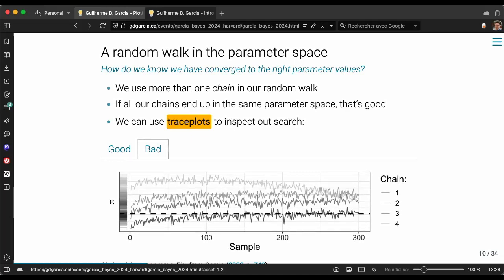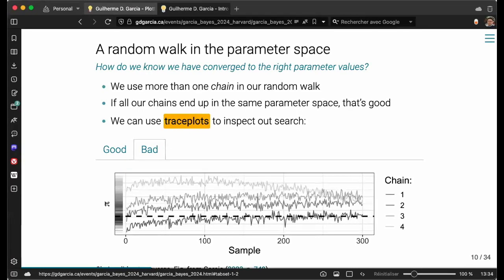But maybe if we just left the model to sample for a longer time, we would be able to arrive at a cluster where you have convergence, right? That's kind of an advantage of these models, because if you let them just do their thing for a long period of time, chances are that they will converge eventually.